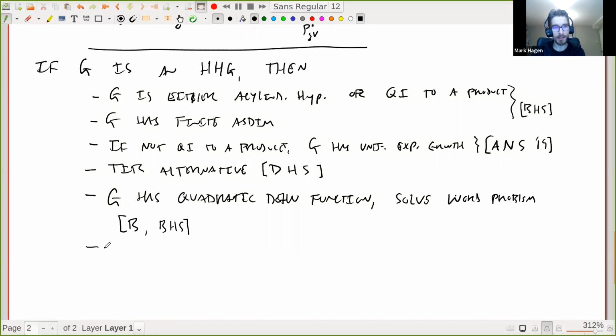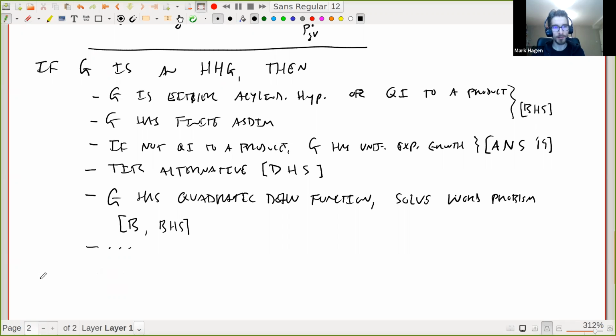So there's various other consequences. These are reasons why it might be useful to prove that something's an HHG. But as you can see from the definition, that's not always easy to do.